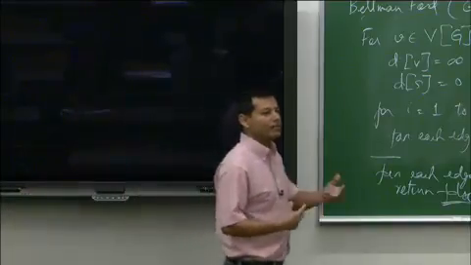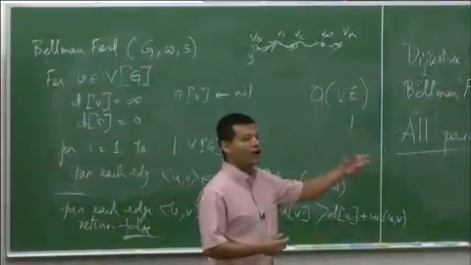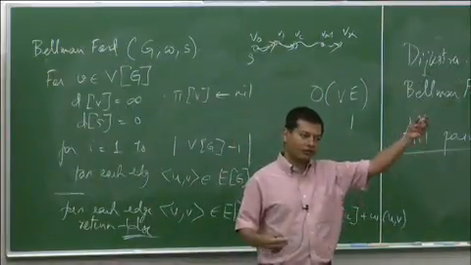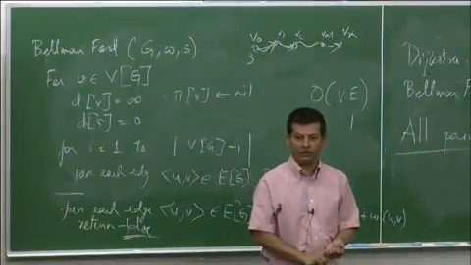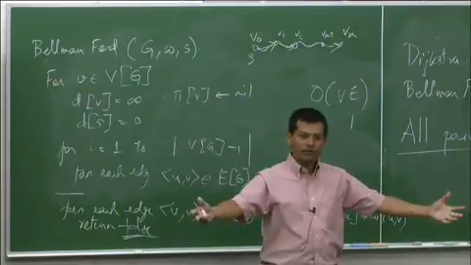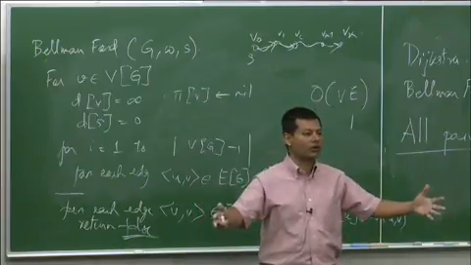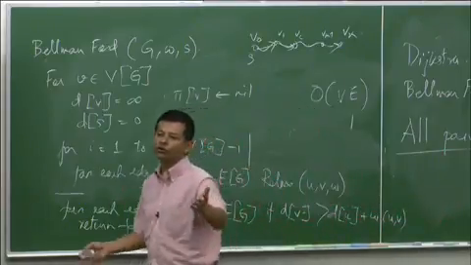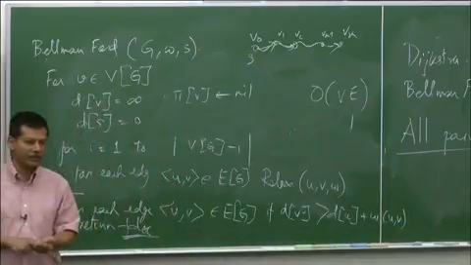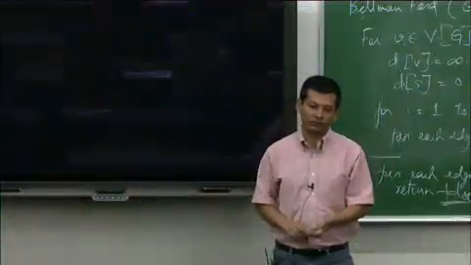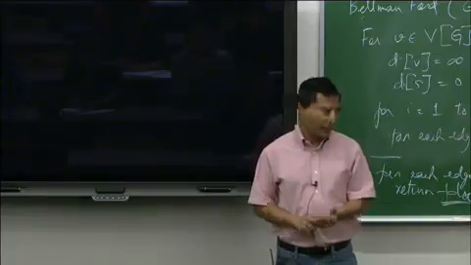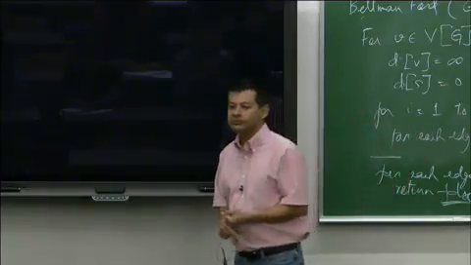Google map does not know where you live, and so when you ask it a query, it is from some source node to some destination node. So, in your graph V, you do not have a very specific node called the source node. Every node could be a source node, every node could be a destination node. You need all pair shortest paths. How would you solve this problem?